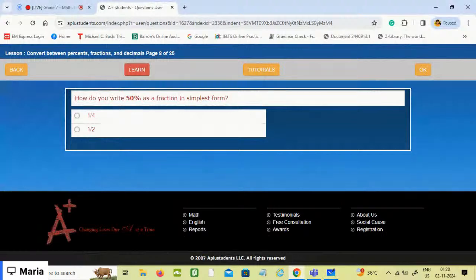How do you write 50% as a fraction in simplest form? So which is the correct option?